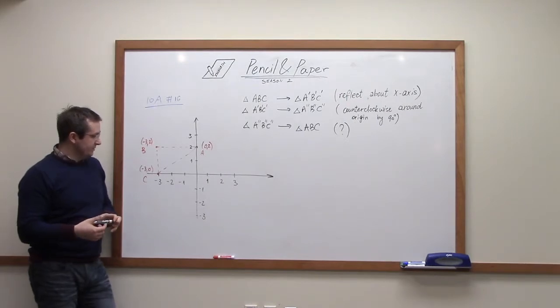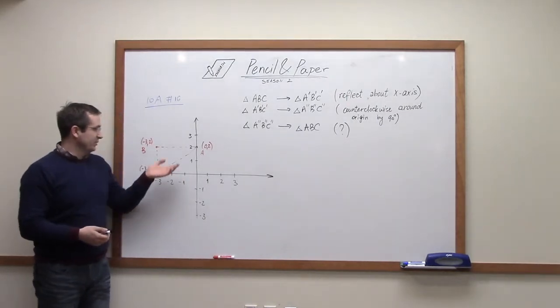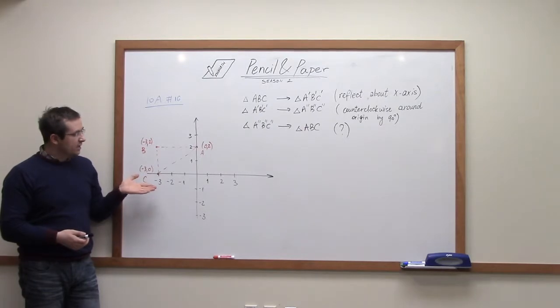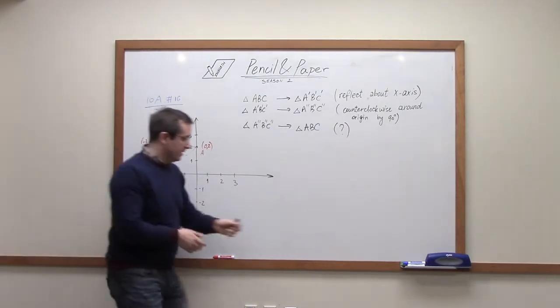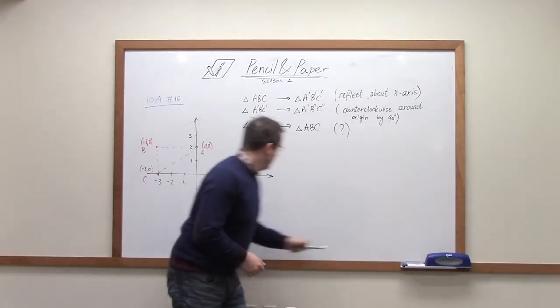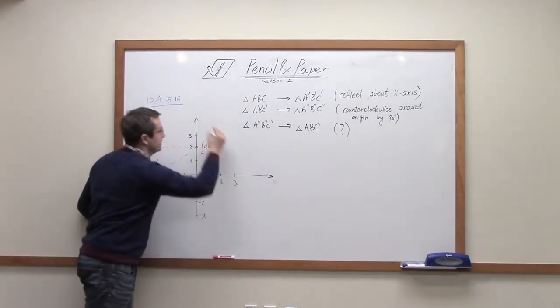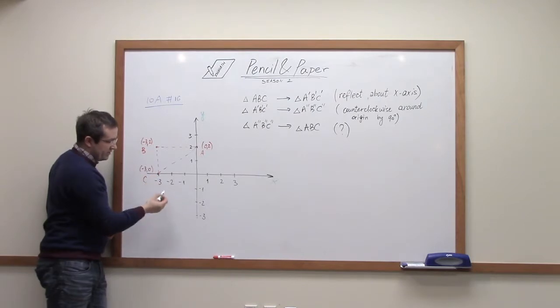I think we did already half of the job by drawing the diagram. So marking the vertices on the coordinate plane is already very helpful, right? So let's see where the first transformation moves our triangle ABC. If it's reflected about the x-axis, it's just the mirror of it, right?